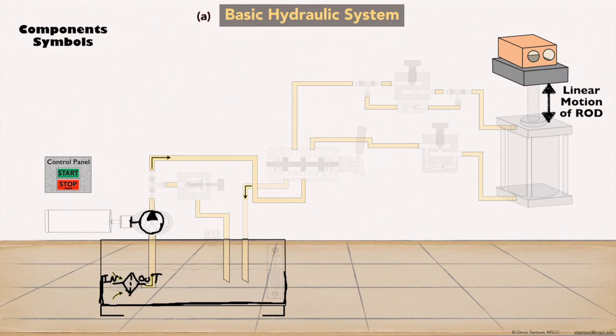The pump is coupled with the electric motor, shown by those two parallel lines. Now the electric motor is a rotary actuator, so a circle inside it. There's an M, indicating it's a motor. So now the pump will pump the oil to the system.